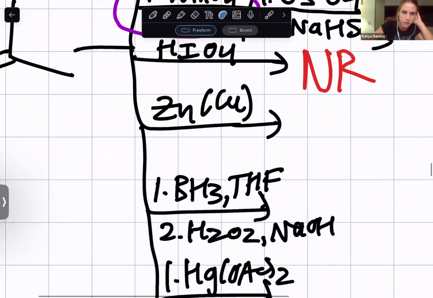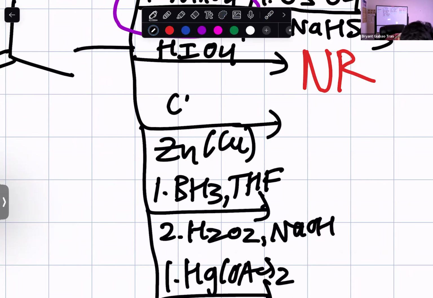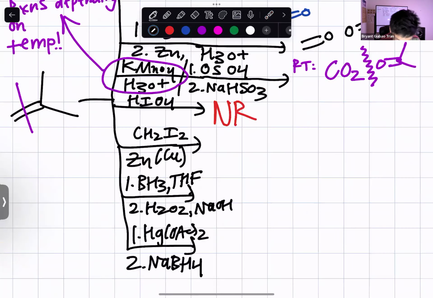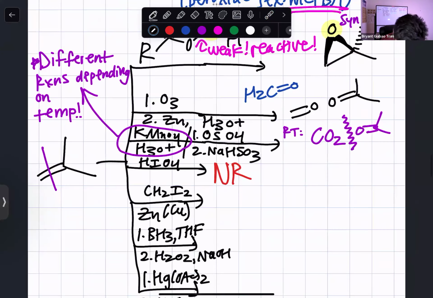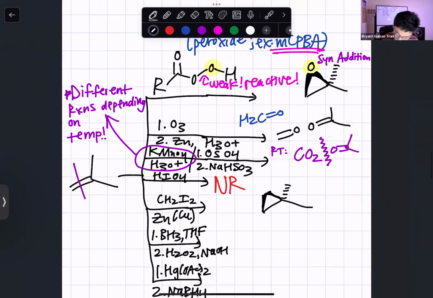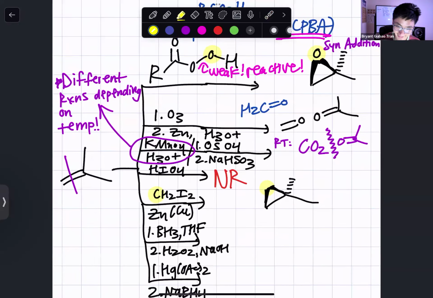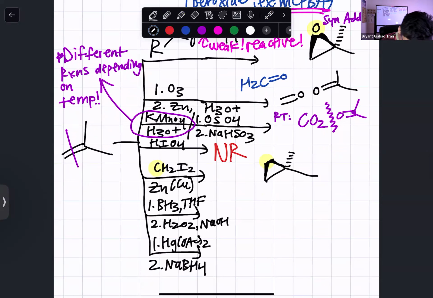So this right here, when you see zinc, copper, and CH2I2, that's going to form something very similar to an epoxide, but it's just going to form a cyclopropane. So a 3-membered ring, but all the atoms in the ring are carbons. Right, okay, so that carbon there is being bonded. Syn addition. Yeah. Similar reaction, but no oxygen. Right. Where, like you said, this carbon here is that carbon right there being added. Okay, awesome.